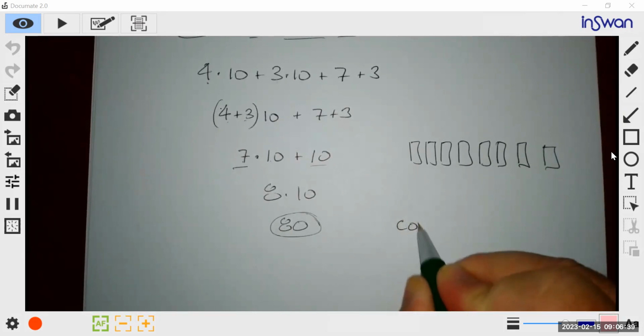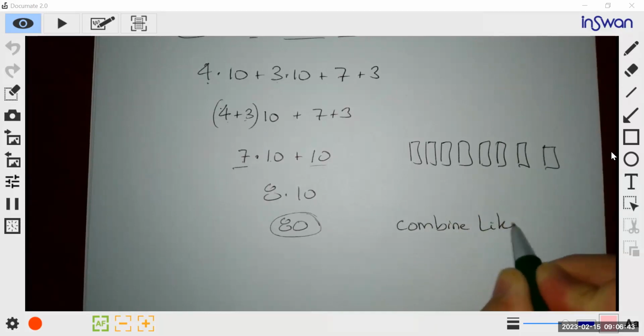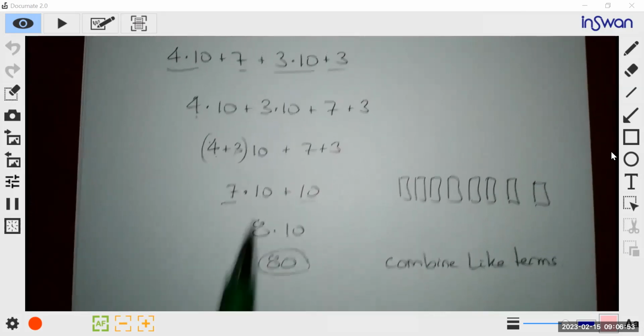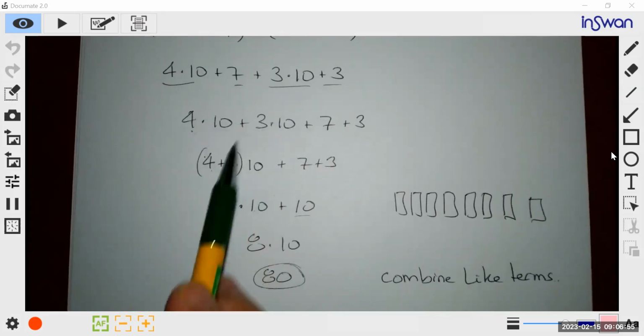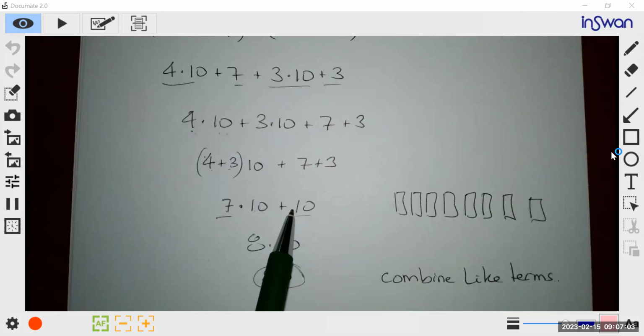This method is called combine like terms. Because the 3 and the 4 are like terms, they're both tens. So I combine those. Now it's 7 times 10, 1 times 10.